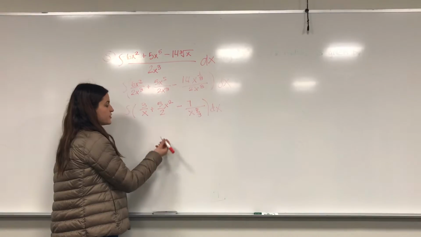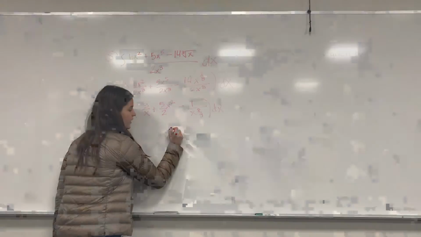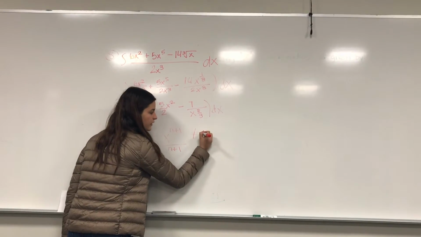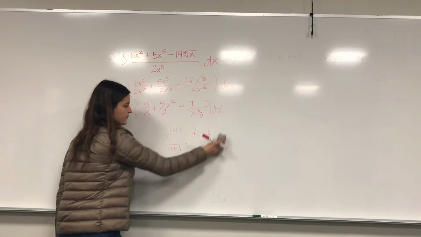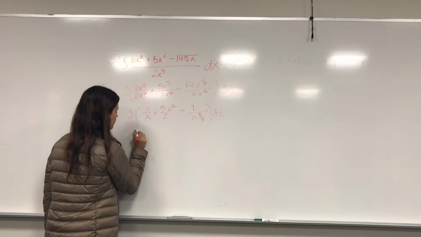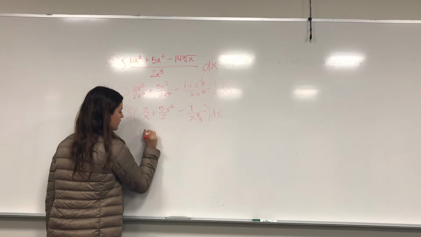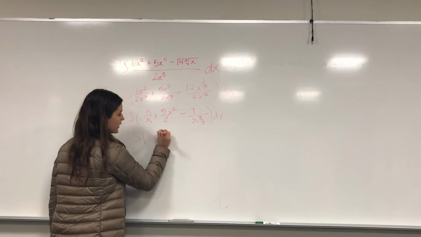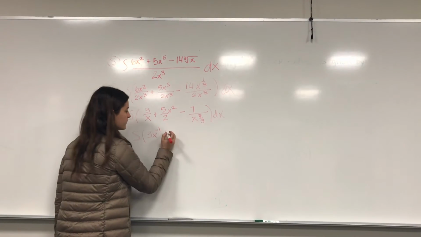Now we are going to integrate each term using the formula x to the m plus 1 divided by m plus 1. This is the formula you use except when m is -1. So, in the first term, when the exponent goes up, it becomes 0, so this will become ln.